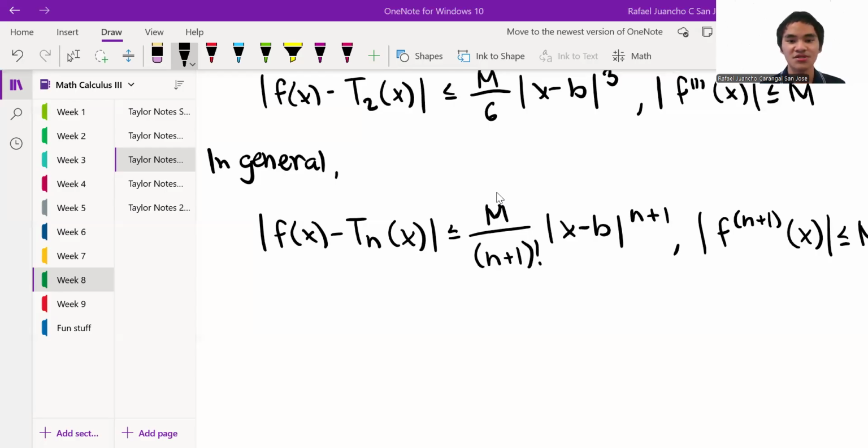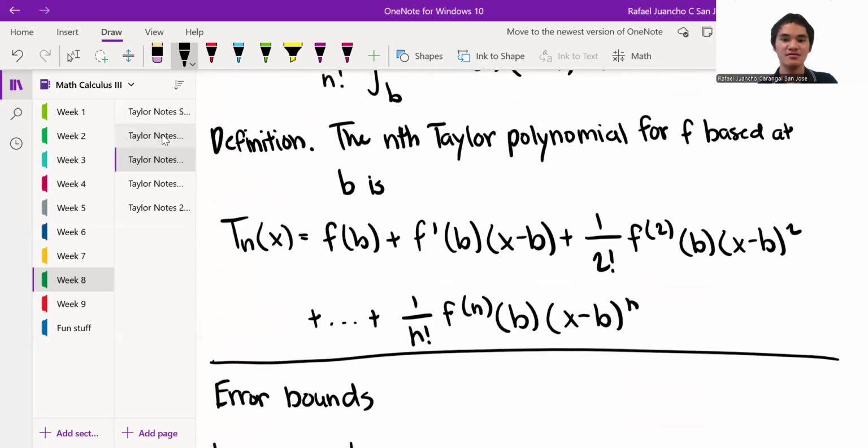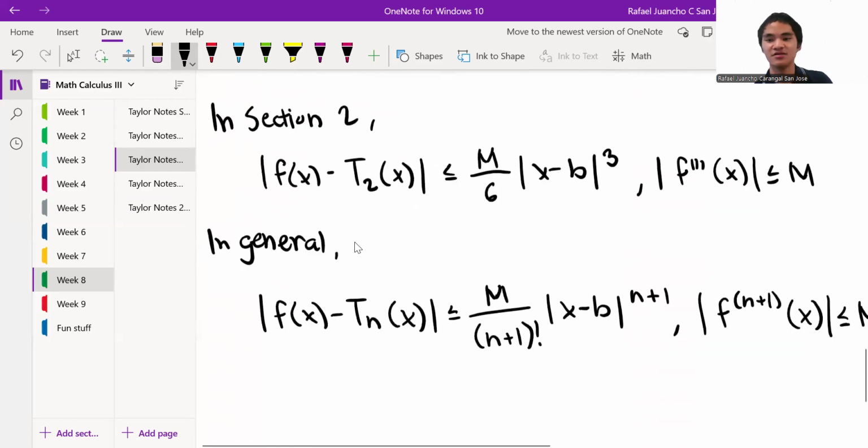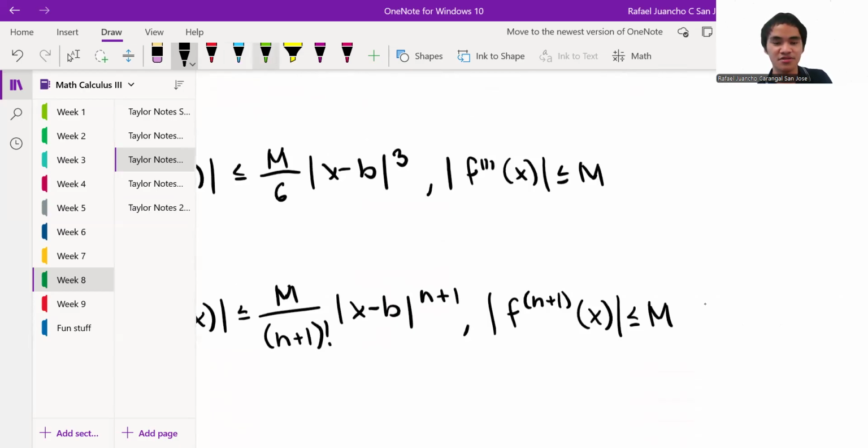The quadratic approximation error bound is the Taylor's inequality with n equals 2. So when we were talking about error bounds, we talked about the tangent line error bound, and then the next one, of course, the quadratic approximation error bound. More generally, for an nth Taylor polynomial, we call it the Taylor inequality. And that's pretty unoriginal, right? Inequality.